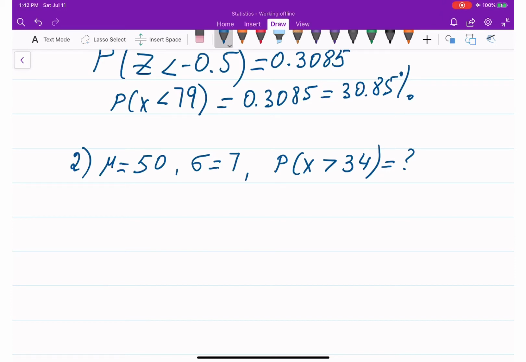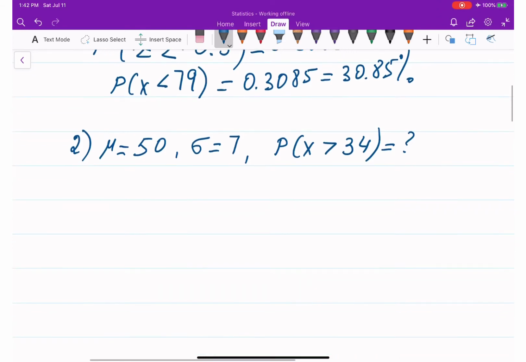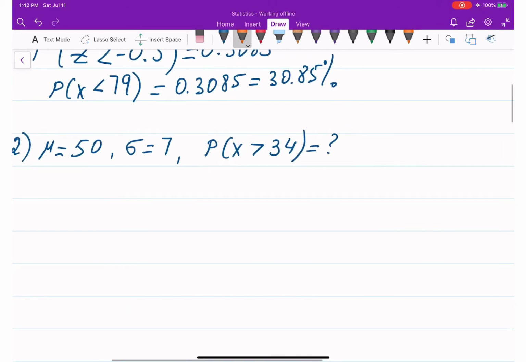Very easy. Let's do drafting. Normal distribution.